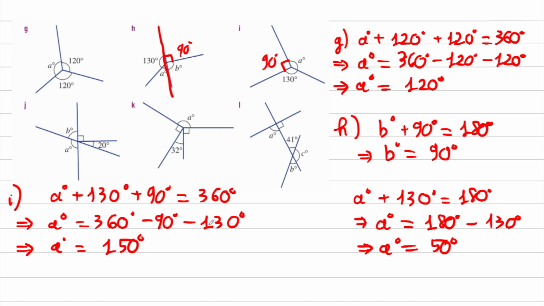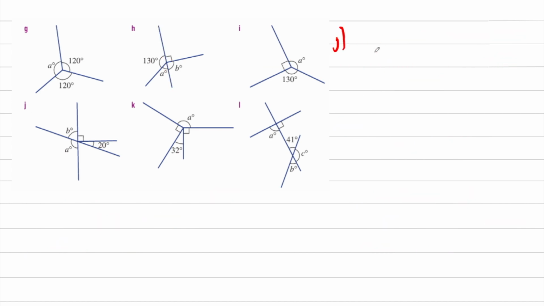Okay, question J. About question J, you got 2 pronumerals A and B, but I will find B first because based on this line, I have the straight line, and here is 90 degree, here is 20 degree, and here is B degree. I have expression B plus 20 degree plus 90 degree equal to 180 degree.